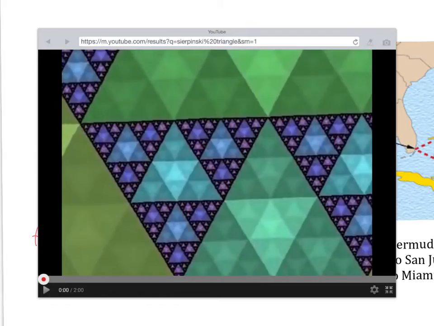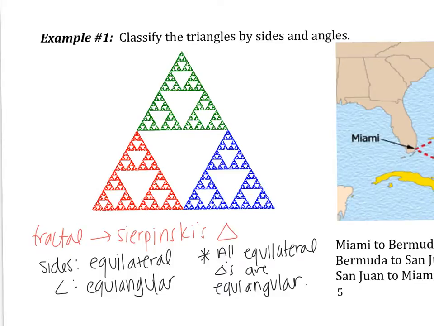You're going to notice here we keep zooming in and zooming in, and yet we still end up with the same Sierpinski's triangle. So this is what a fractal is. It's a little bit mesmerizing. There's a whole bunch of other fractals out there, so you can ask me in class if you're interested. Let's move on to the next example.